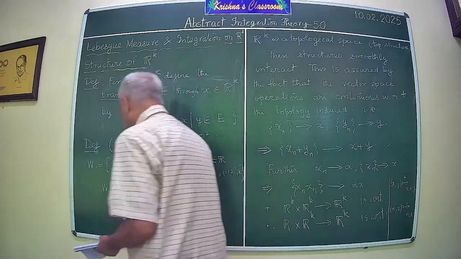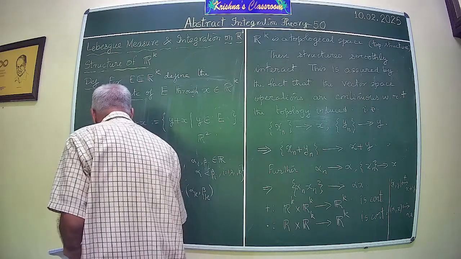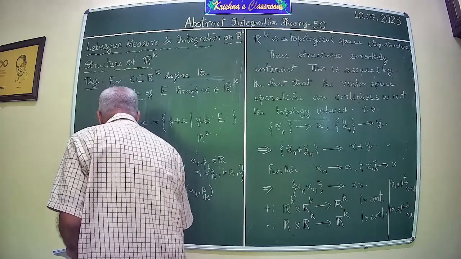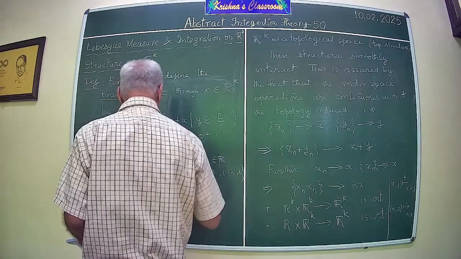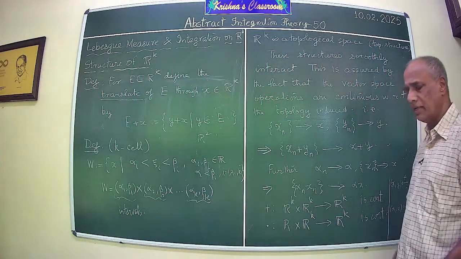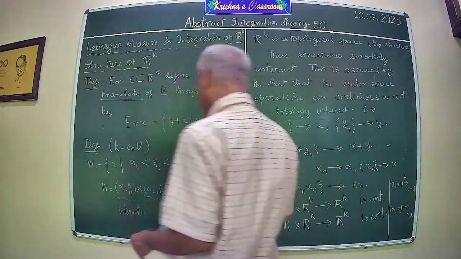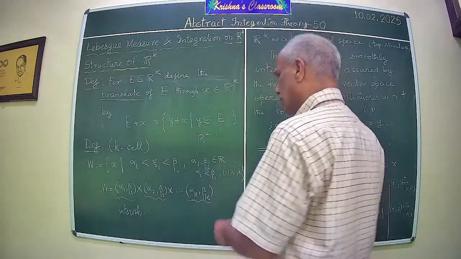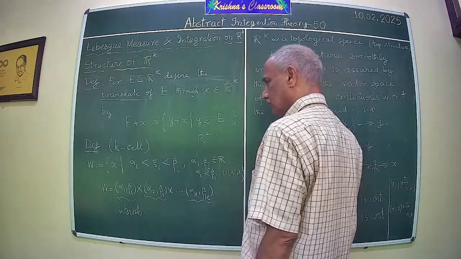So you take the open interval alpha i, beta i for each i, and take the product of these. This collection of points is what is called W.